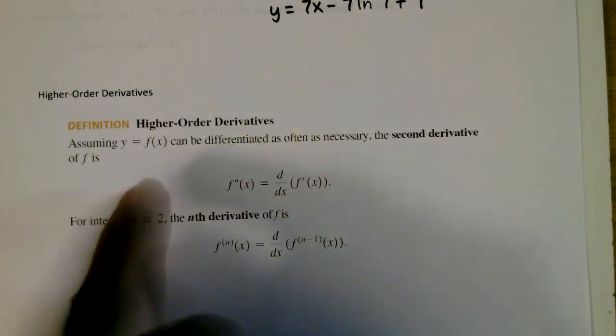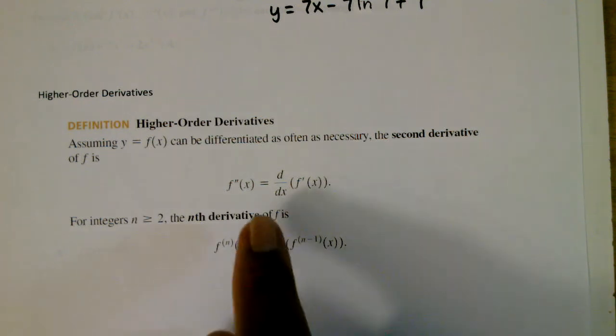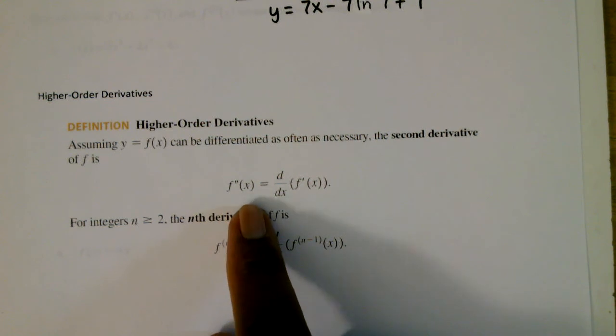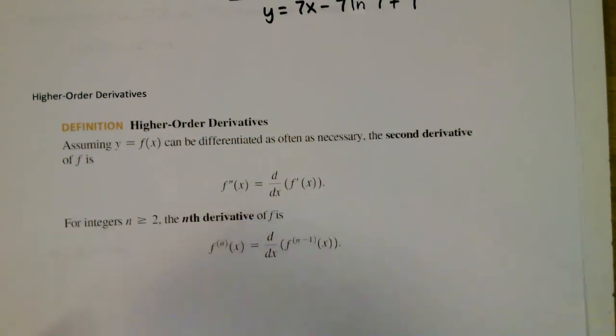So here we're going to be talking about higher order derivatives. We're going to assume that y is equal to f of x, and it can be differentiated as often as necessary. The second derivative of f is this notation, f double prime of x, and that's going to be equal to the derivative of the first derivative of f of x, or the derivative of f prime of x.